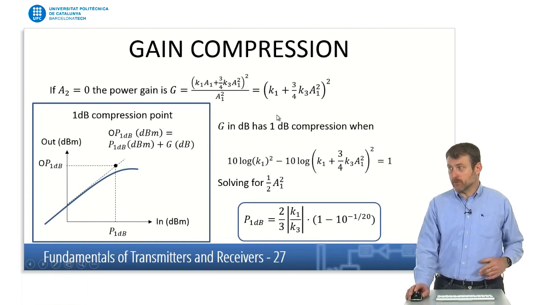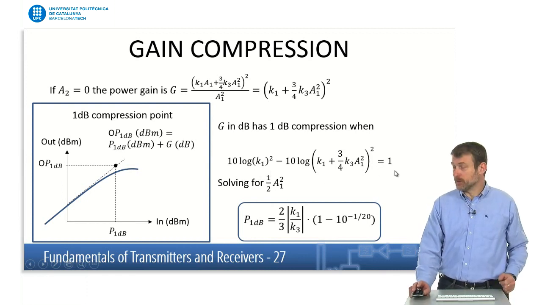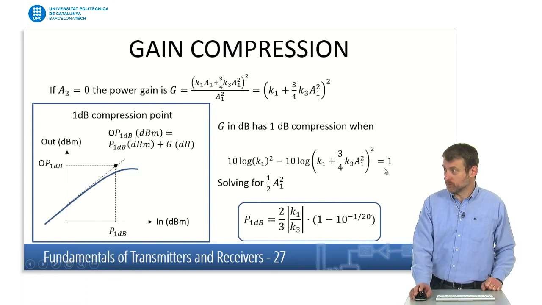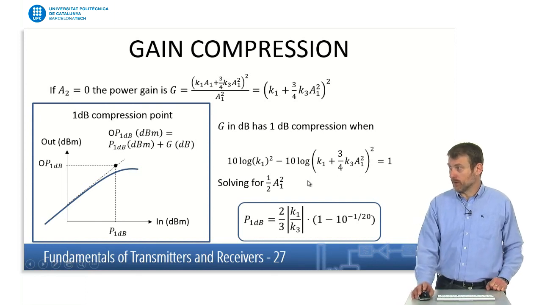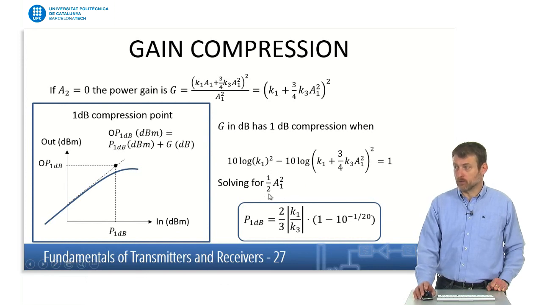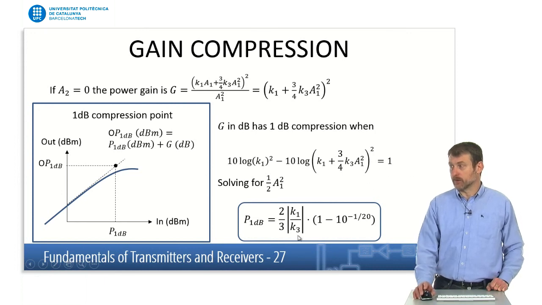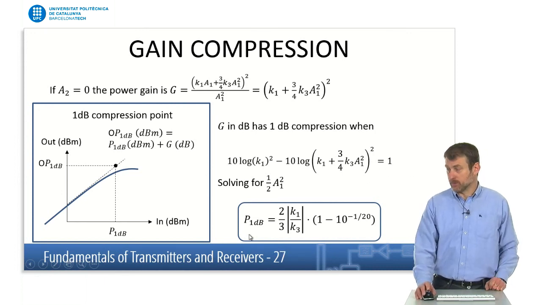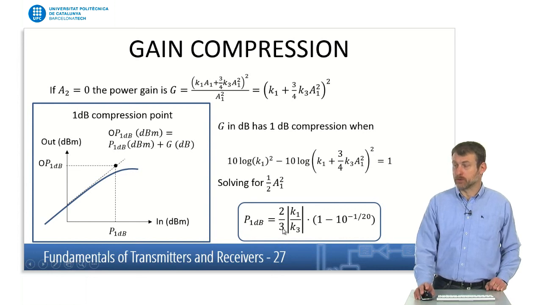So the difference between these two, when this difference is 1 dB, we have the 1 dB compression point. So we have to solve this condition and see for what value of 1/2 of A1 square this condition is satisfied. And this gives us the 1 dB compression point, which turns out to be this value.